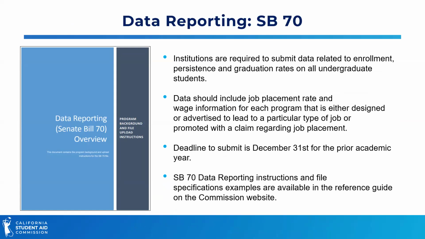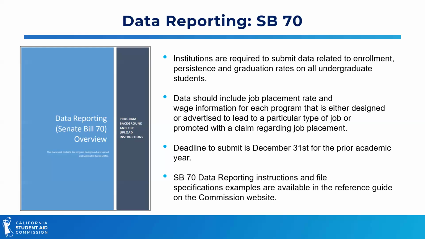Data should include job placement rates and wage information for each program that is either designated or advertised to lead to a particular type of job or promoted with a claim regarding job placement. The deadline for SB 70 reporting is December 31st for the prior academic year, and we have an entire guide available on our website, which will cover all of the necessary requirements for SB 70 data reporting.